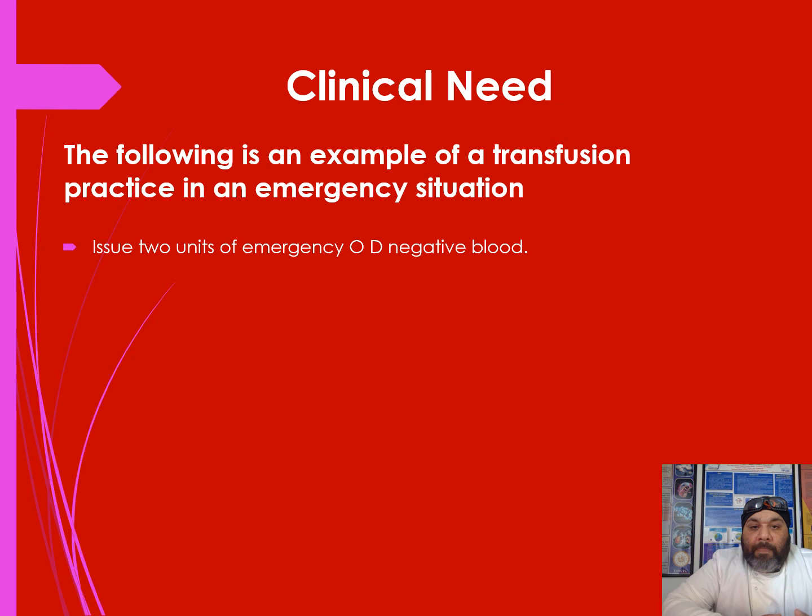generally still applicable. So it's where in emergency situations, patients who are bleeding or hemorrhaging, for example, transfusion scientists generally, upon or part of fulfilling particular requests, would have to issue 2 units of emergency O rhesus D negative blood.